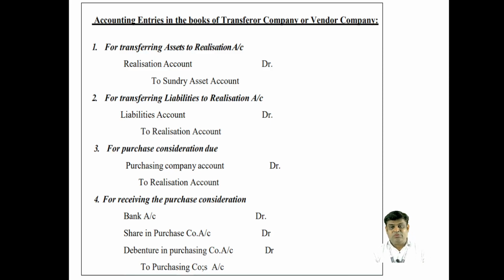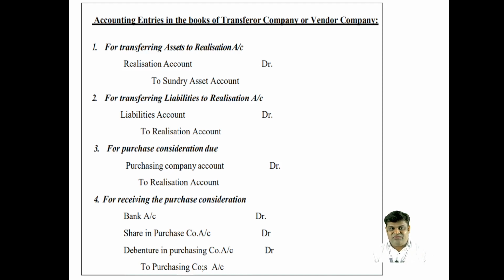A temporary account is opened in the books of the vendor company called the realization account. So what is the transfer entry? Friends, mind it. Don't learn the entries by heart. Try to understand the entries by logic, so that these entries will remain in your mind forever. Whenever there is a discussion or debate on the absorption of company with regard to the accounting entries, you will be the first to talk on that.